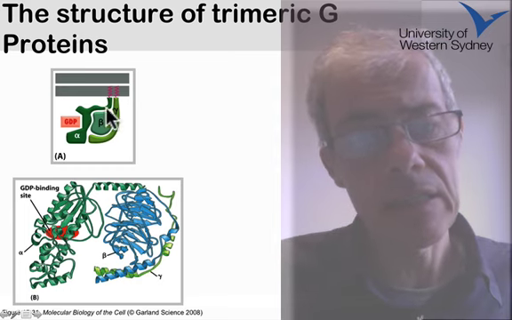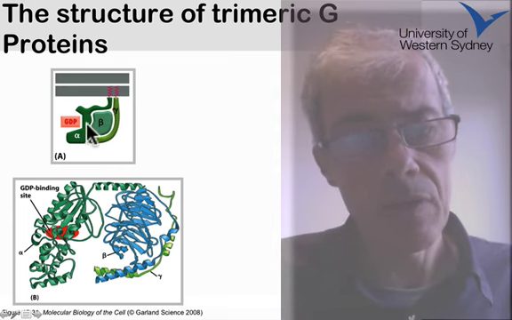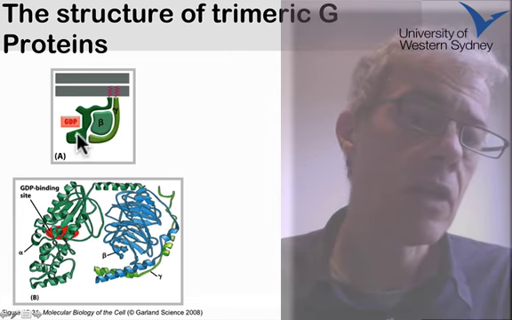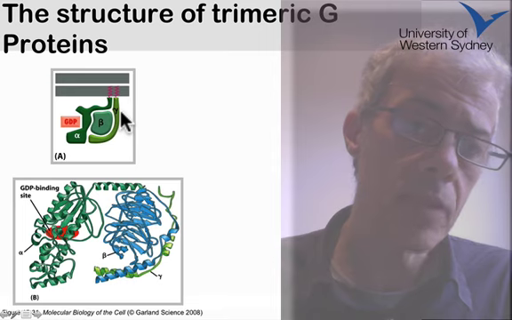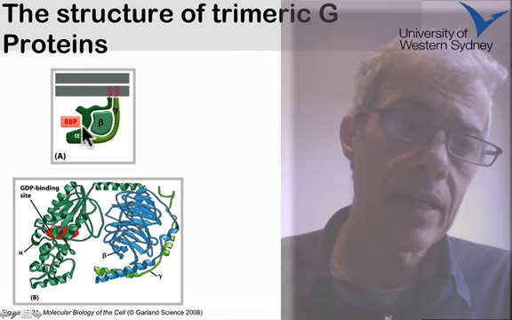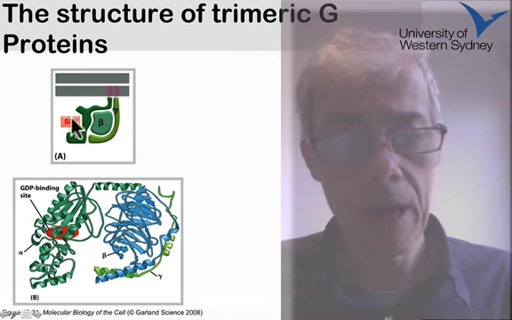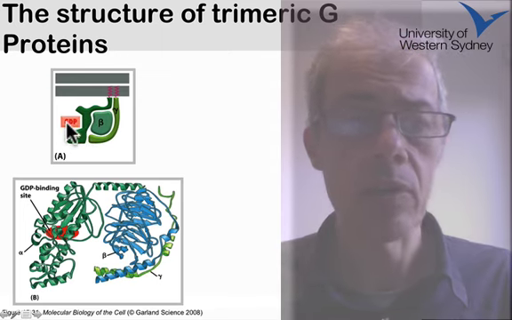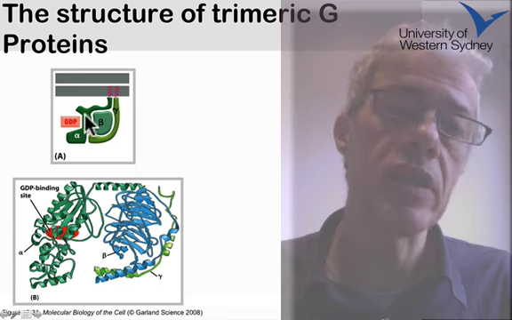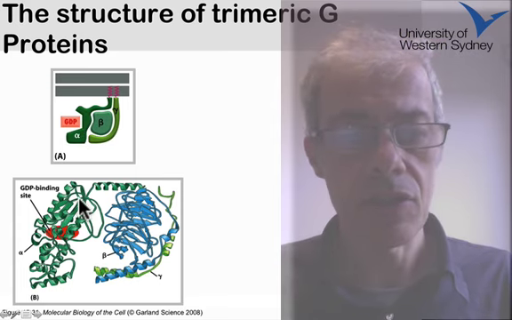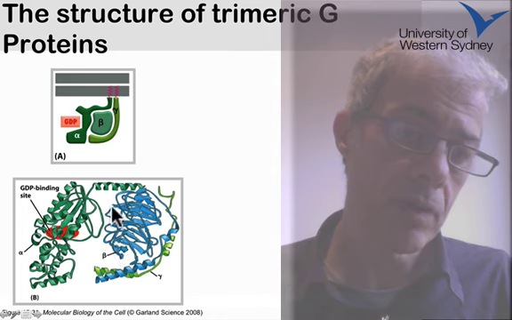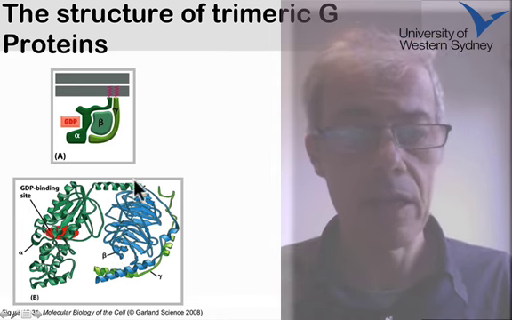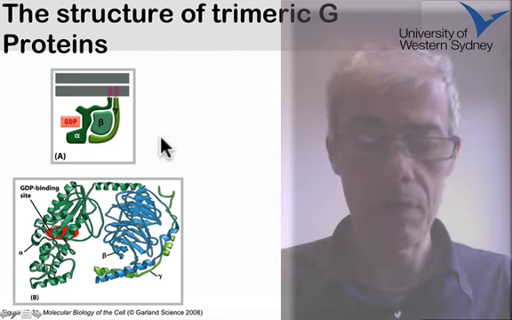Because it's a trimer, it's a complex made of three proteins: an alpha, a beta, and a gamma subunit. The alpha subunit is the actual G protein part, and here it is shown bound to a GDP, therefore it's in the inactive state. This also shows some structural data of the complex and how the cartoon reflects the actual structure.